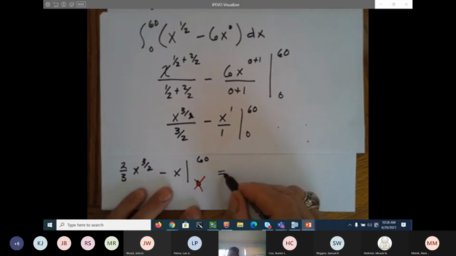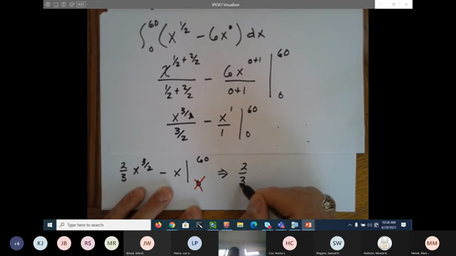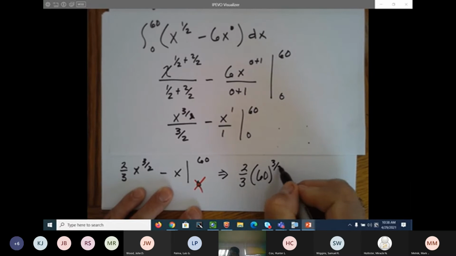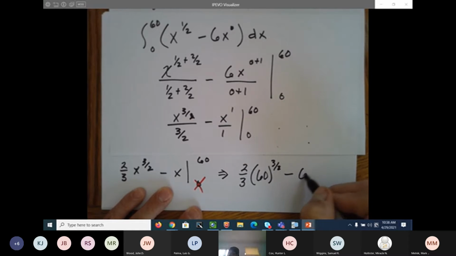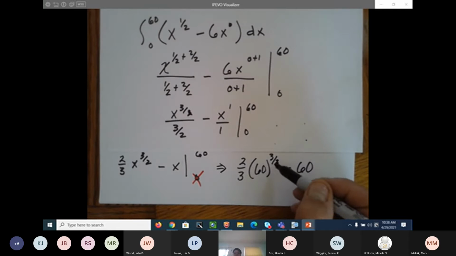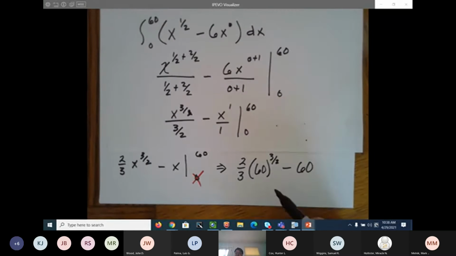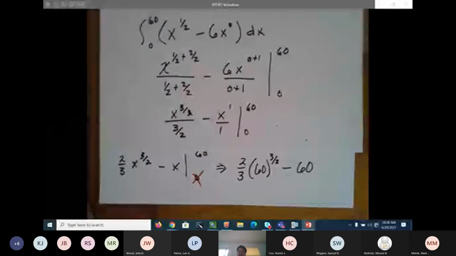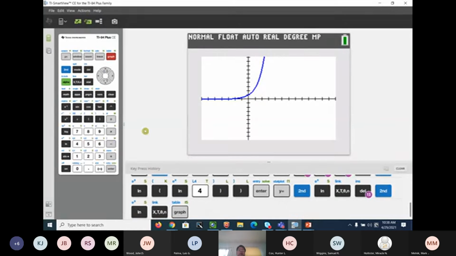So 2/3 times 60 to the 3/2 minus 6 times 60. I don't care if you raise 60 to the 1.5 power and multiply it by 0.67 in your calculator, that's fine. I'm going to do it like this. Clear.